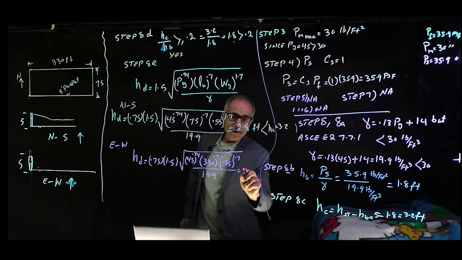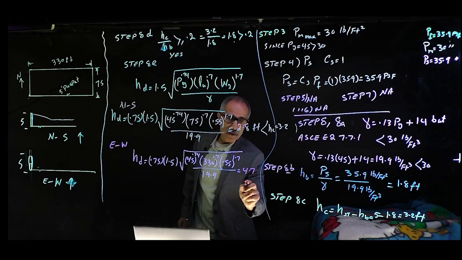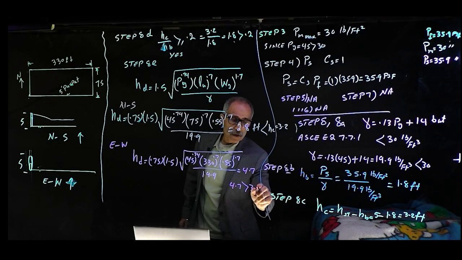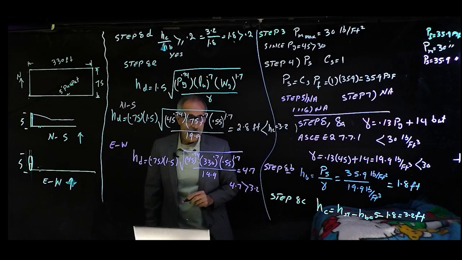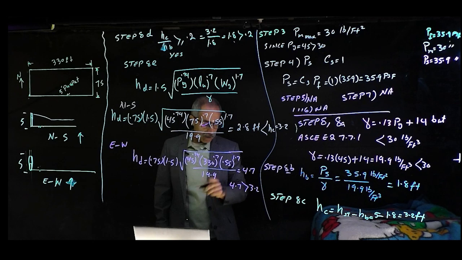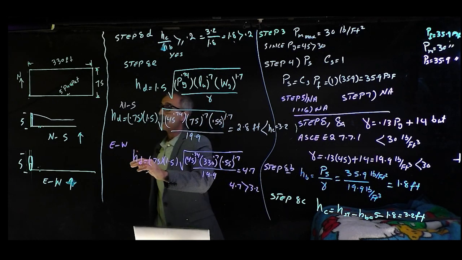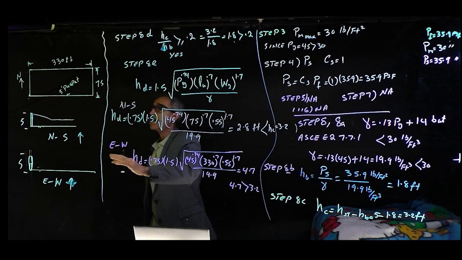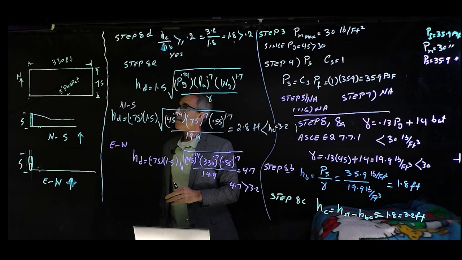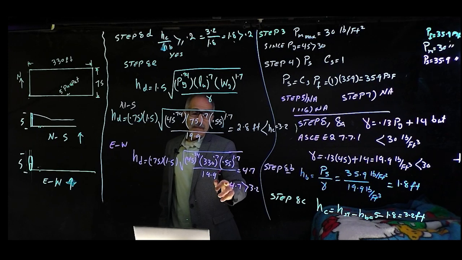And that is equal to 4.7, which is bigger than our HC of 3.2. Okay, we're good. So in the east-west direction, the wind blowing this way gives you a bigger drift.